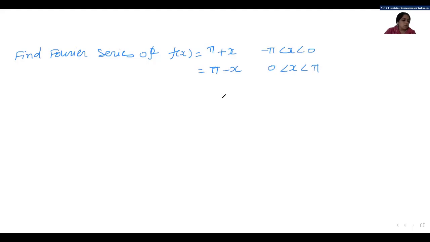So we have to find the Fourier series of f(x) equal to pi plus x when the limit is minus pi to 0, and pi minus x when the limit is 0 to pi.